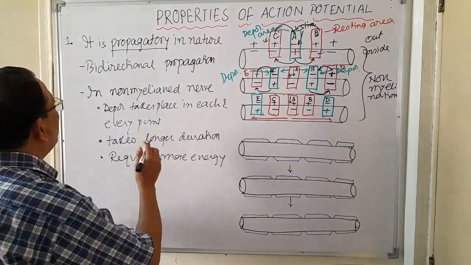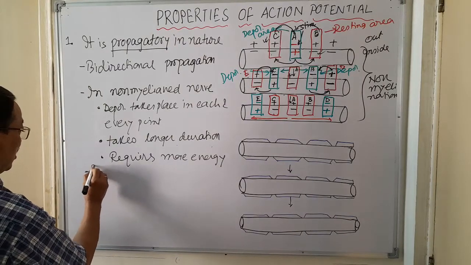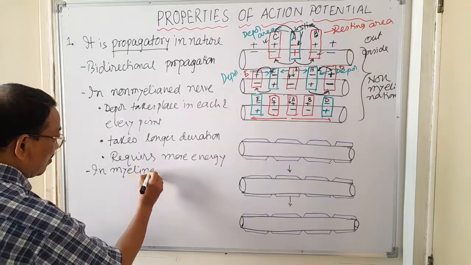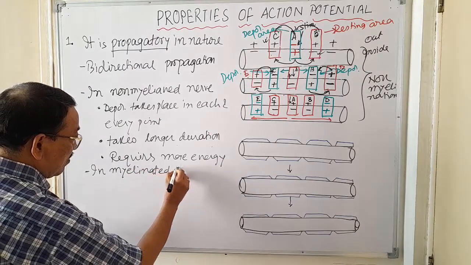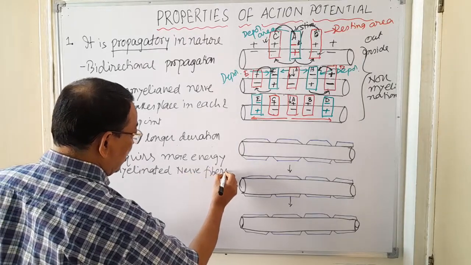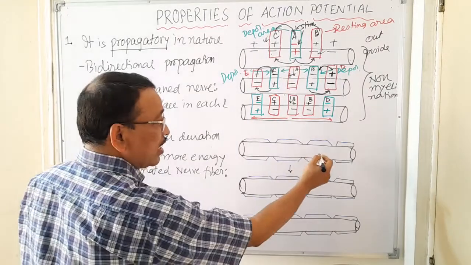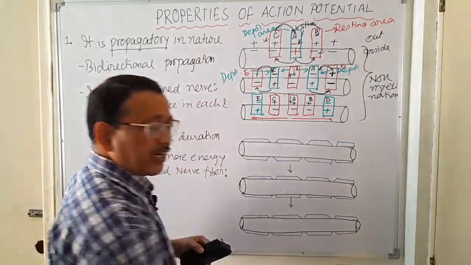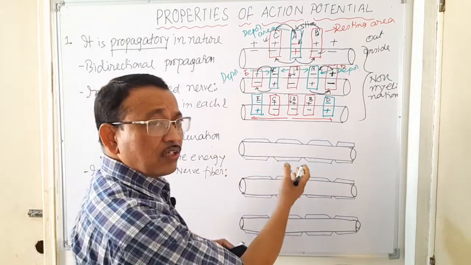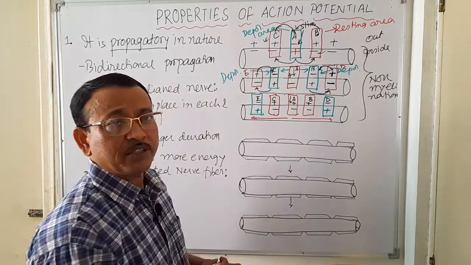Now in case of myelinated nerve fiber, what's happened? These diagrams represent the propagation of the impulse through myelinated nerve fibers.